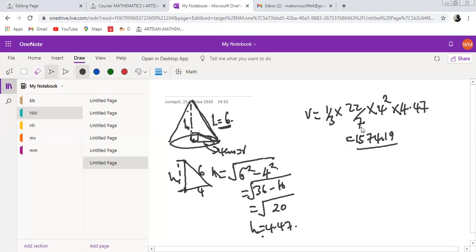Then we divide by 3 times 7, which is 21, which gives you 74.96 centimeters cubed. Volume is always in units cubed.